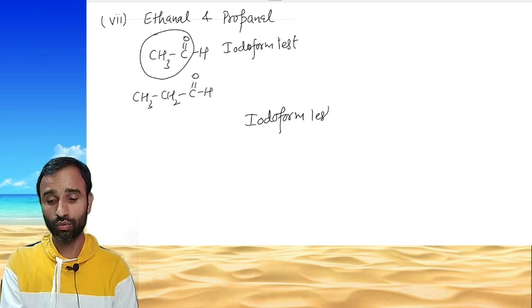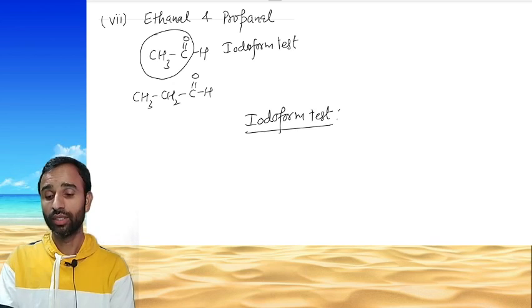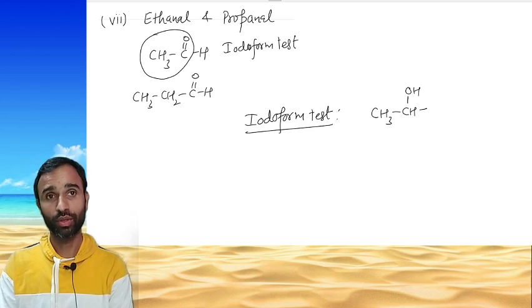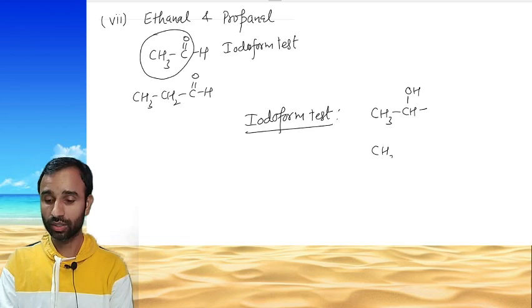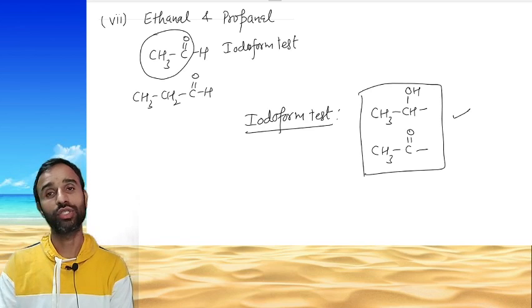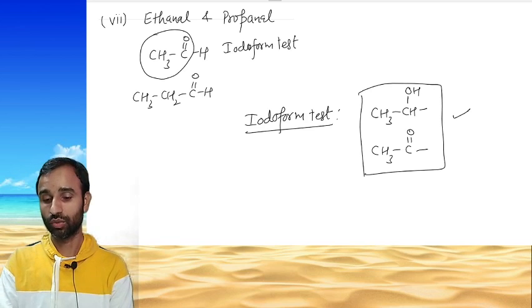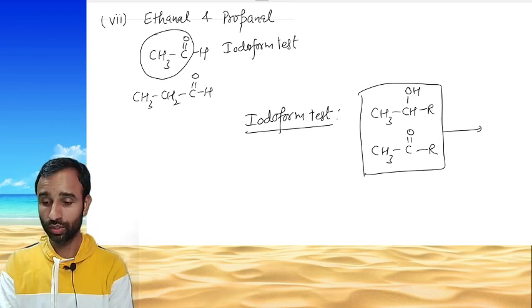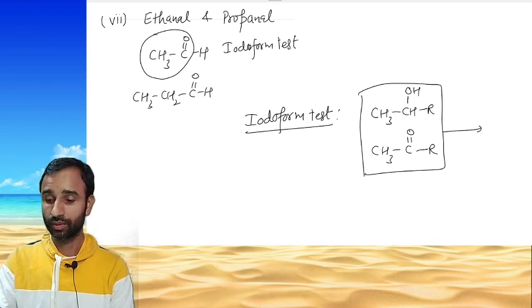In the iodoform test, any group which has a CH3CHOH group or CH3C double bond O can give the iodoform test, means with R or H, whatever is given.